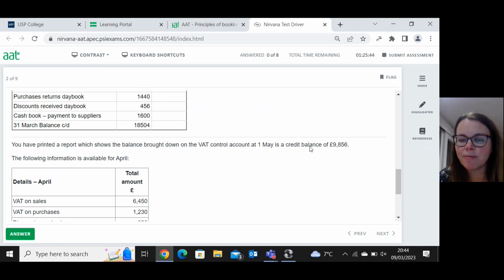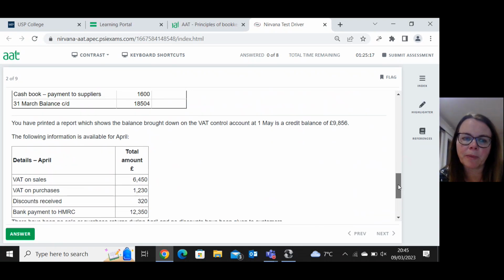So at the end of April, we would have a balance carried down on the debit side of 9856. So I can't draw on here very easily. So, if you draw yourself a T account for VAT, put on the credit side balance brought down and a question mark. That's the number we don't know.